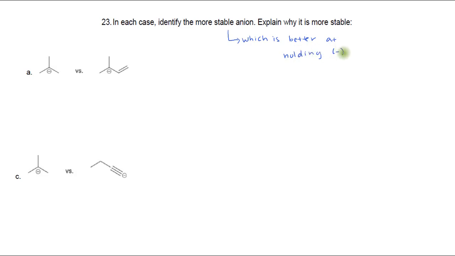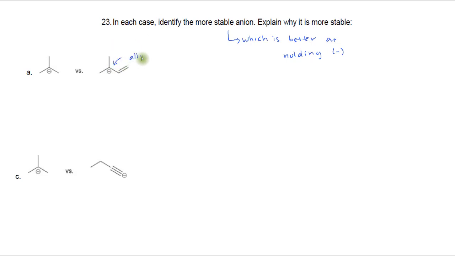So we have in example A, a negative charge on a carbon versus a negative charge on a carbon. This one has a carbon with 3 sp3 carbons attached to it, and this one has 2 sp3 carbons and an sp2. If you recall, when you have a negative charge next to a double bond, this is allylic.